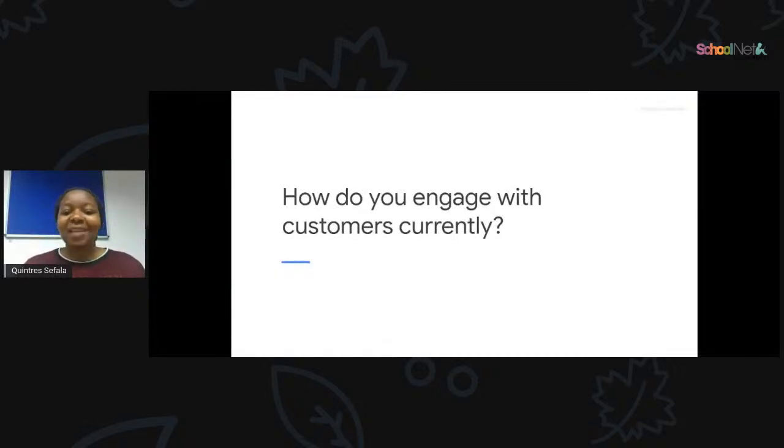And another one that is traditional but still works very well is word of mouth. You can engage with your customers through word of mouth by just having a conversation with them, giving them a phone call and just finding out how they feel about your service or your product can work for you. So do let us know, how do you engage with your current customers currently?